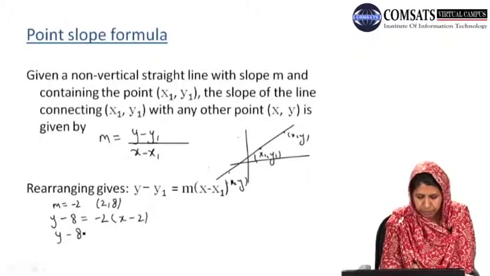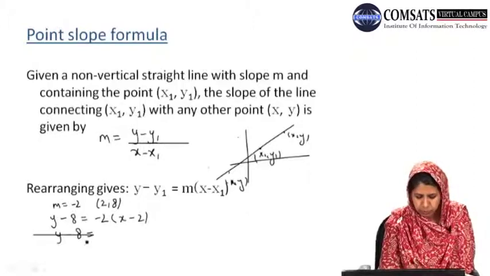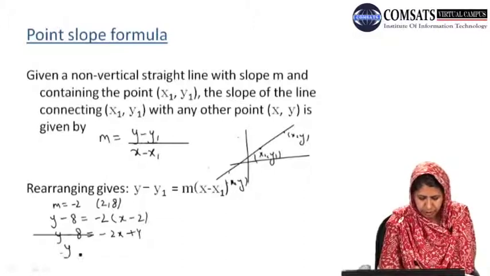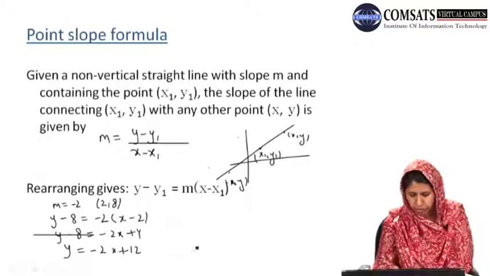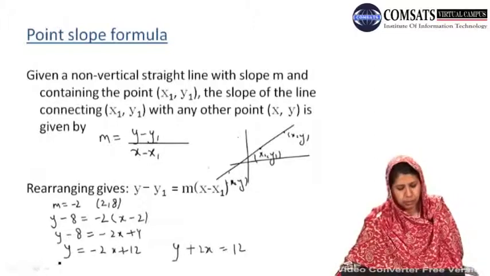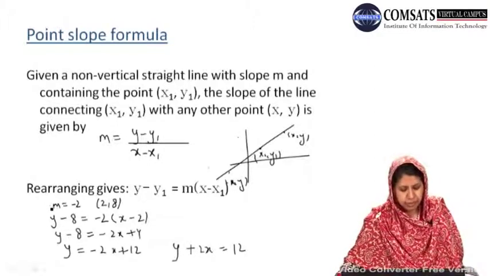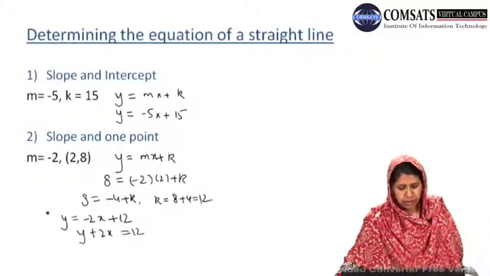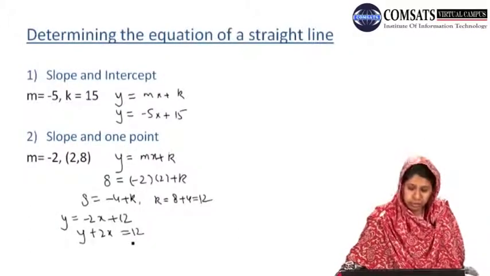Simplifying, y minus 8 is equals to minus 2x plus 4, and what do we get? Y is equals to minus 2x plus 12, or y plus 2x is equals to 12. Comparing our result with our previous calculation, we had y plus 2x is equals to 12.